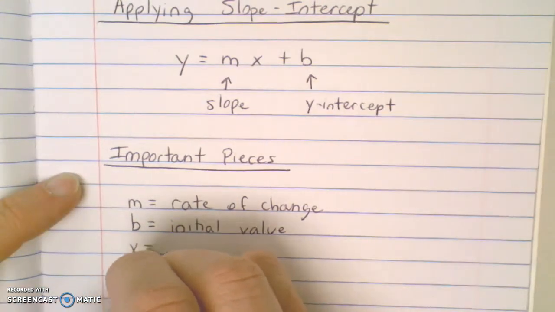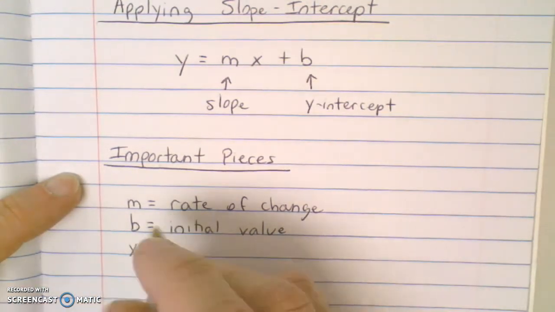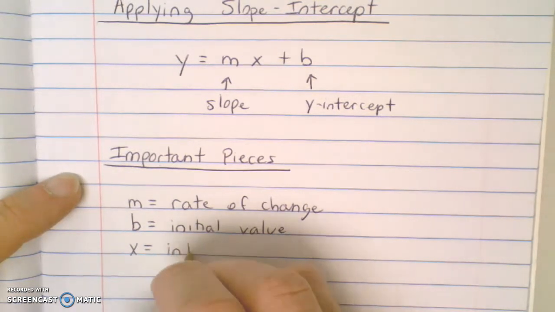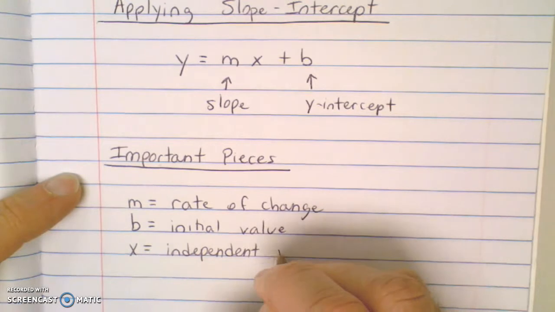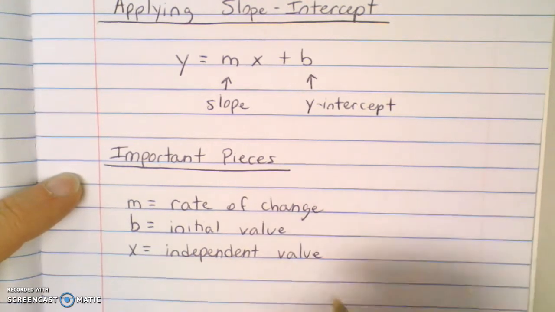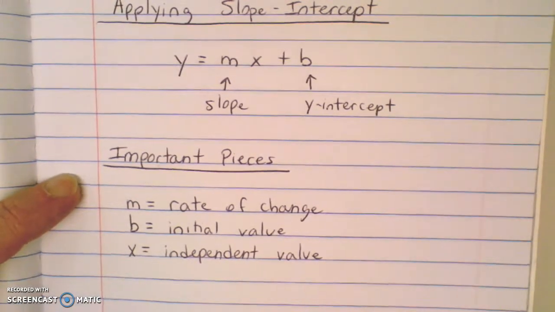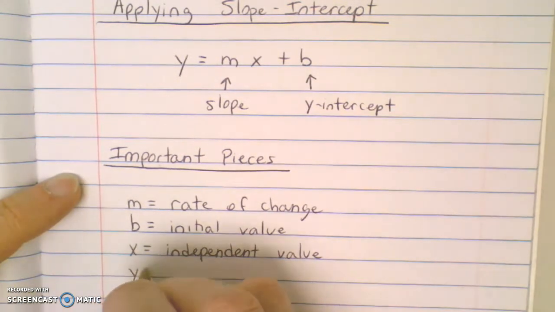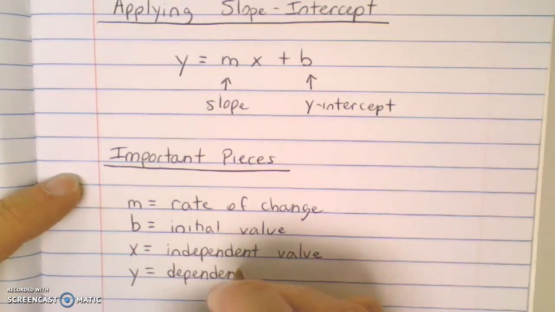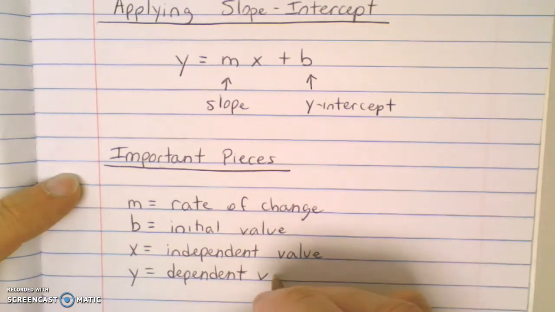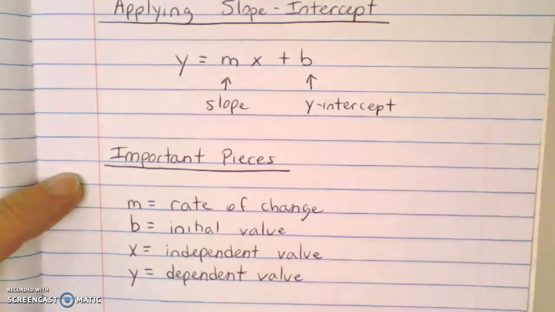X refers to the independent variable, which means whatever is happening with x does not depend or rely on another piece of the equation. And then y is the dependent variable, which is the opposite definition, which means it does rely on the other variable in the equation.